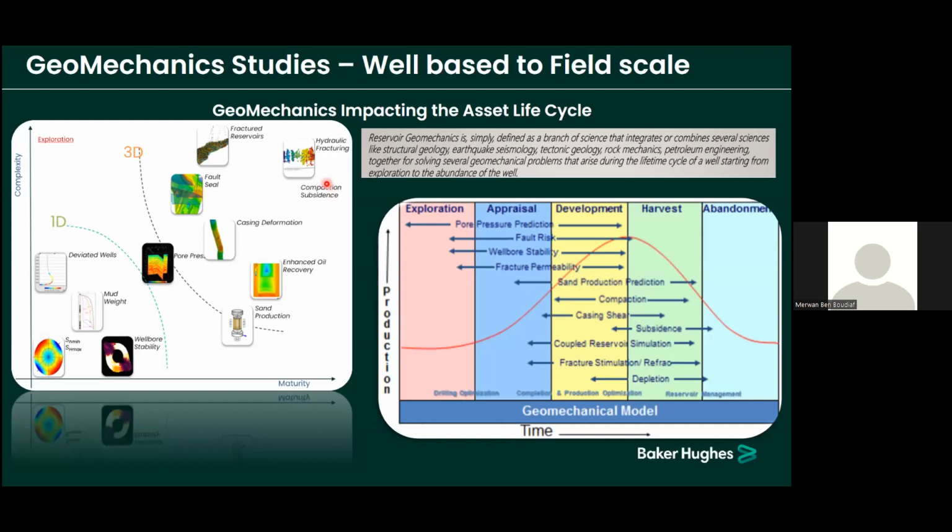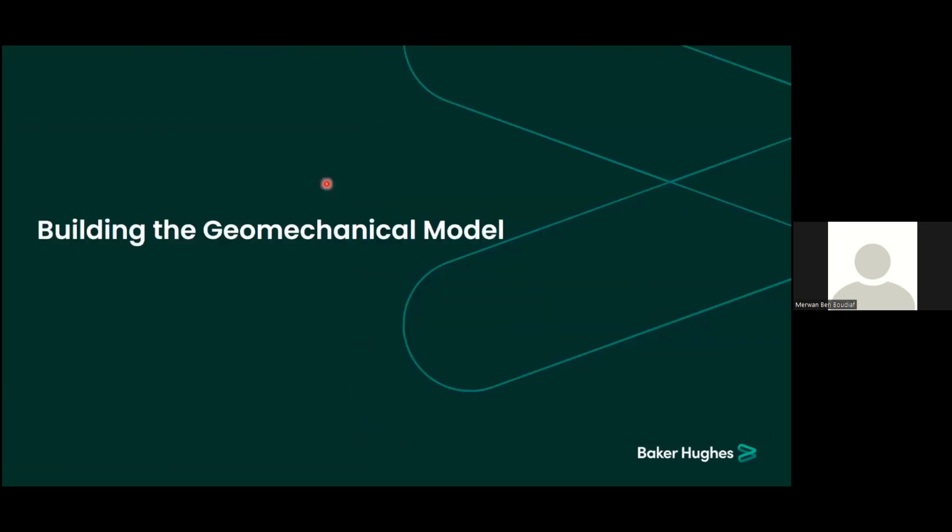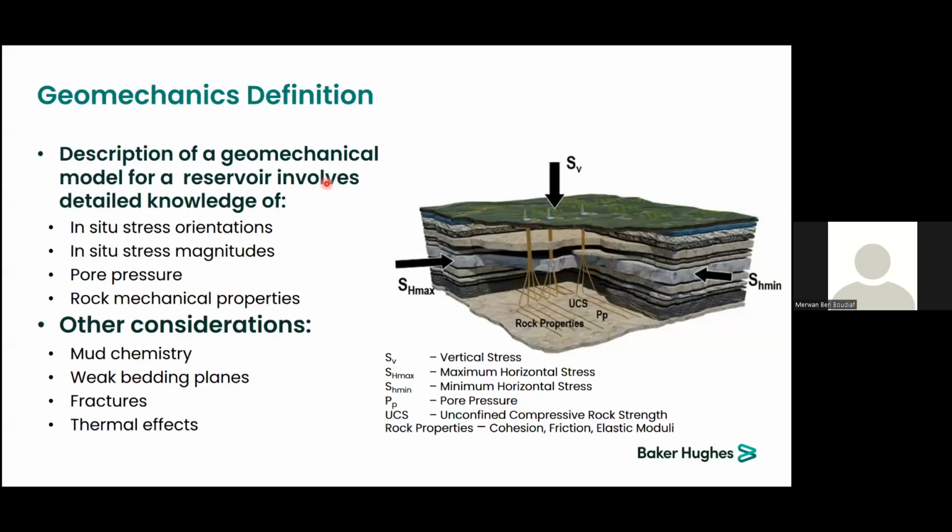Now we'll go through the steps for building a geomechanical model. First, what is a geomechanical model? The description of a geomechanical model involves detailed knowledge of the following. First of all, we need to agree that we have three stresses operating in the underground.